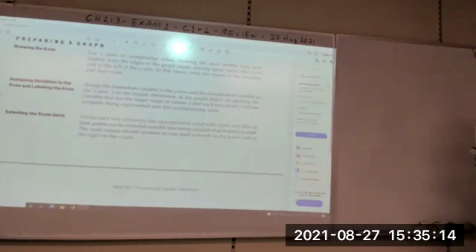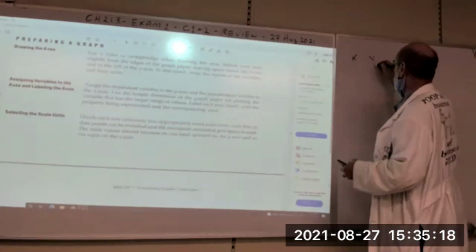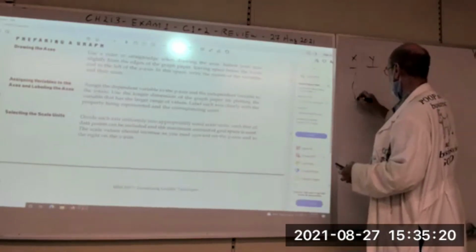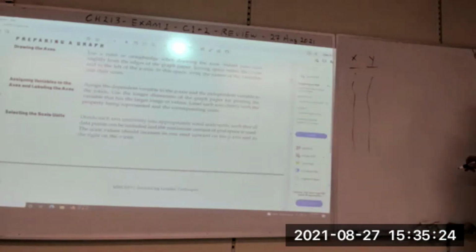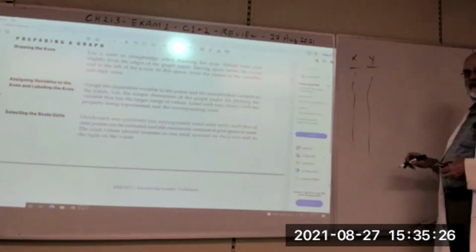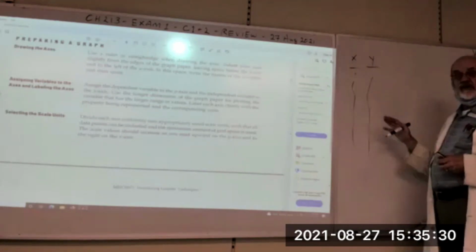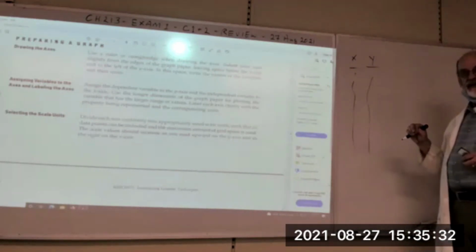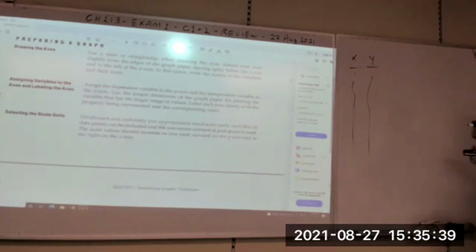So you've got your data set, and you've got X and Y values all the way down. And then you're trying to decide how to draw that thing. Well, you look at the range. What's the smallest and what's the largest number for each one? And then you look at the paper that you're going to draw it on, if you're going to do it by hand. And you say, all right, which one needs more range?